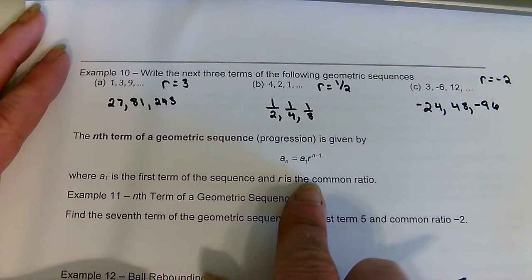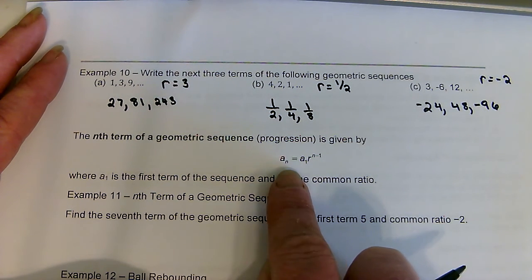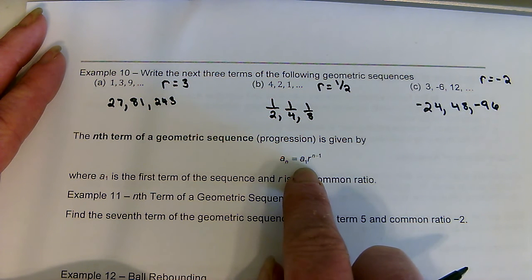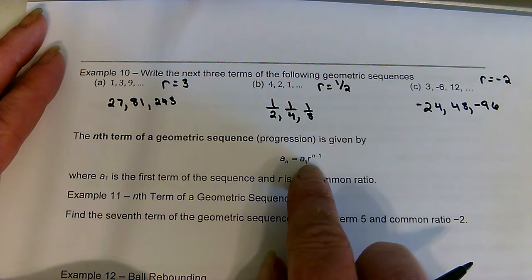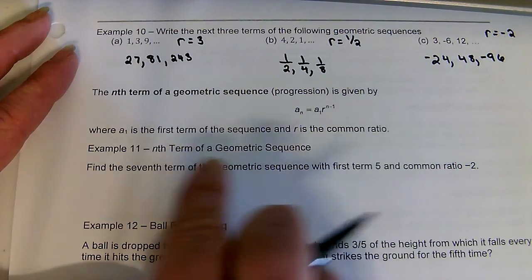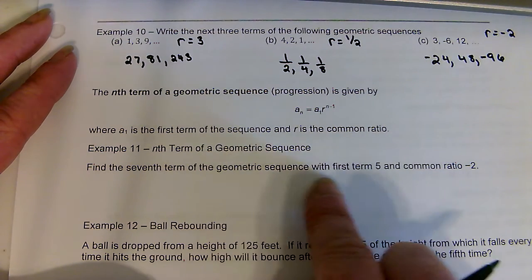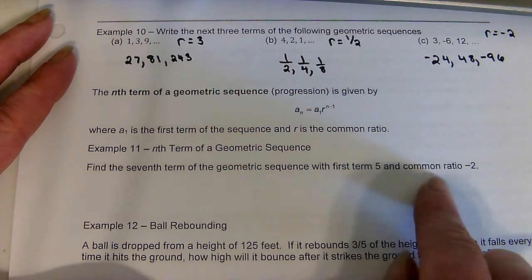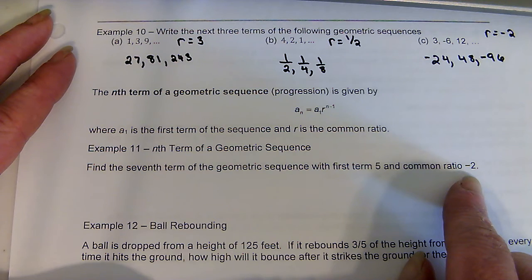So here's a formula for finding any term of a geometric sequence. We're going to take the first term times the common ratio to the n minus 1. So we want to find the seventh term when the first term is 5 and the common ratio is negative 2.